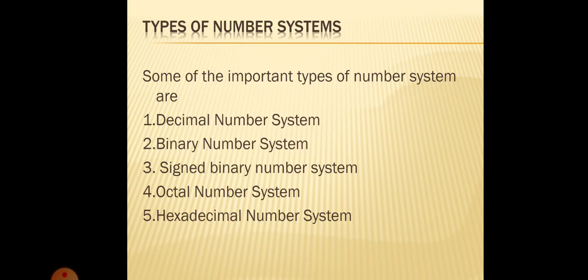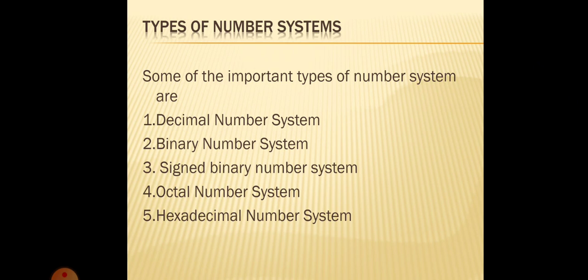Okay, now we will discuss everything in the next slide, but before that let's see from the names of the number system. Decimal means, as we have seen in the previous slide, that decimal which uses the 10 numbers, that is 10 digits, that is 0 to 9. Now the binary means 2, it uses 0 and 1.